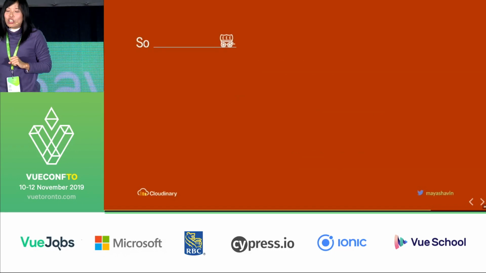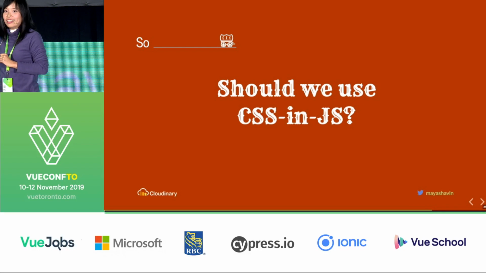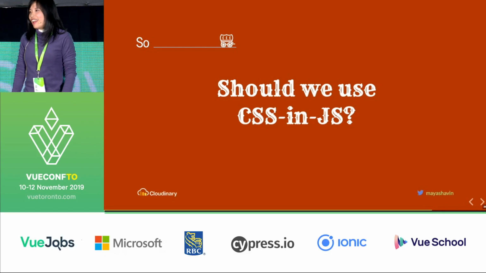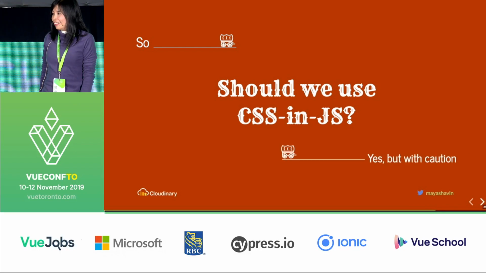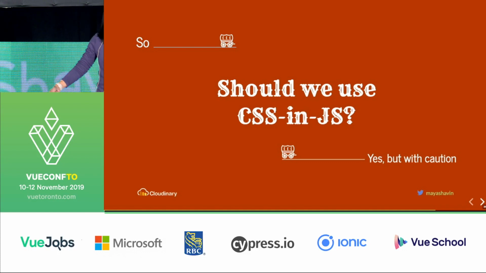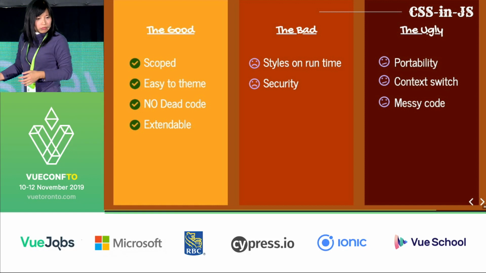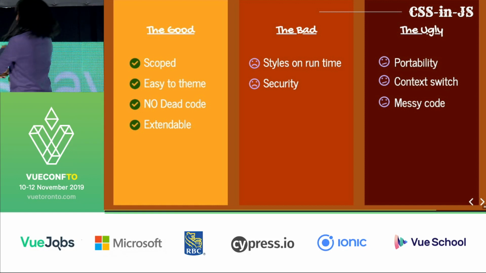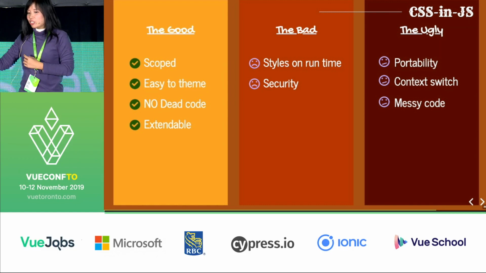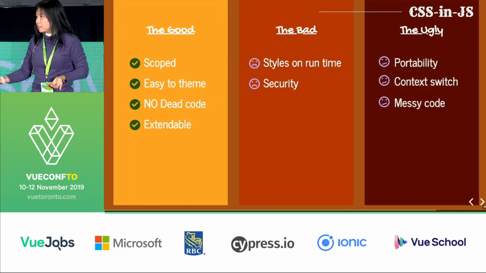So the question now is, should we use CSS in JS? Of course we can. Why not? It's cool. It's good. It's less things to worry about. But we're cautious because there's the good, the bad, and the ugly. Scoping is working. There's scoping that is easy to theme, but they have security issues.